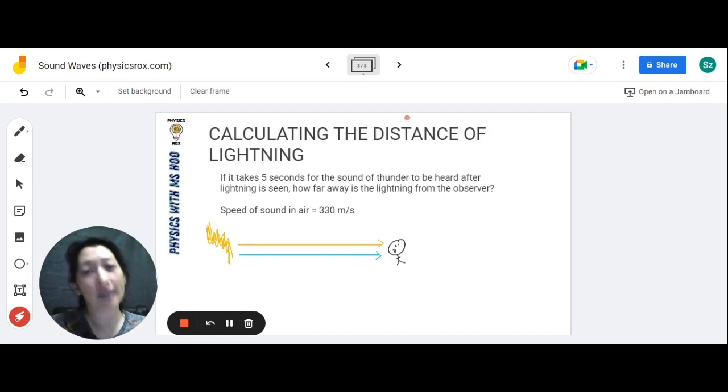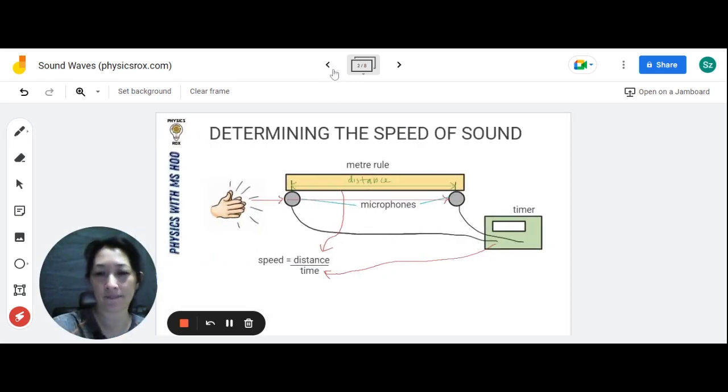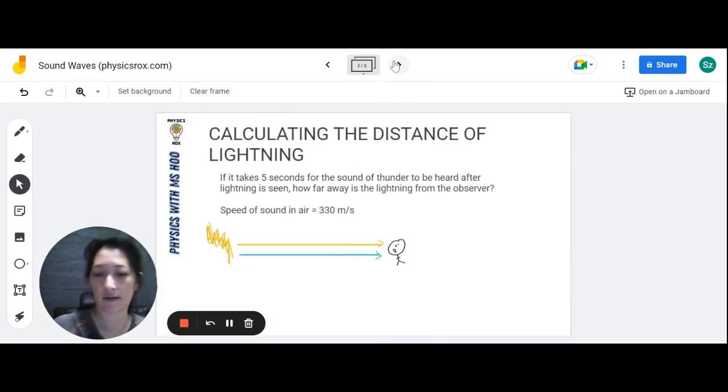So how do we calculate the distance of the lightning away from the observer? We use the speed of sound formula. So this is the formula. I'm just going to copy and paste. Speed equals distance over time.